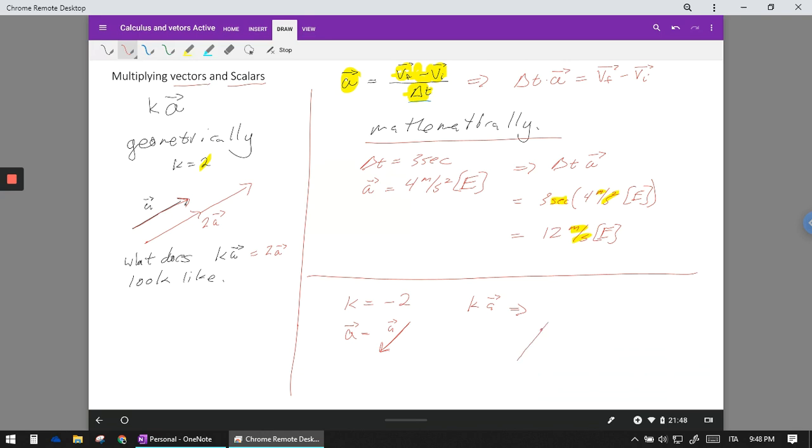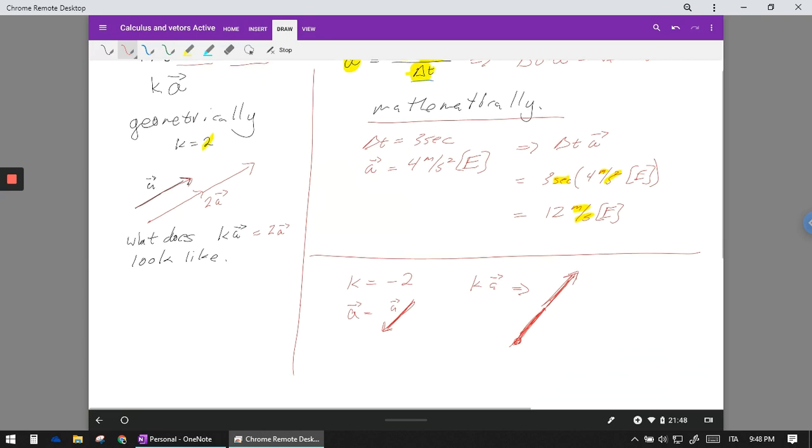This is what KA is. And these vectors here are supposed to be parallel, okay? I didn't draw it very well this time, but this distance is equal to that, but it's pointed exactly opposite.